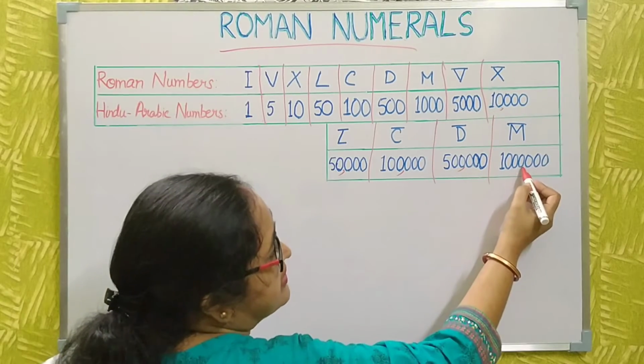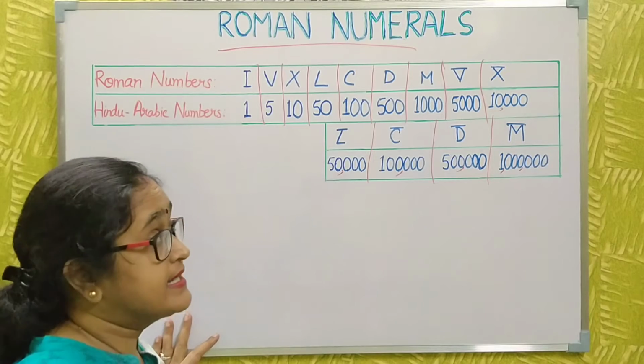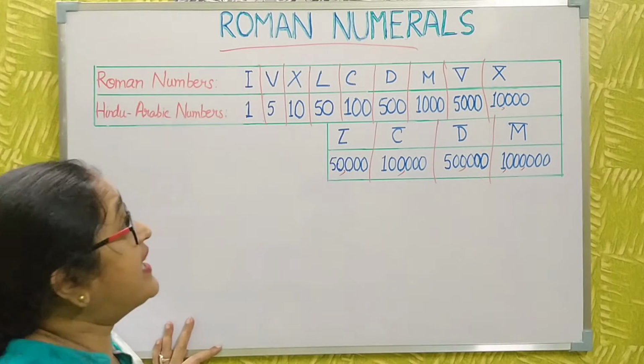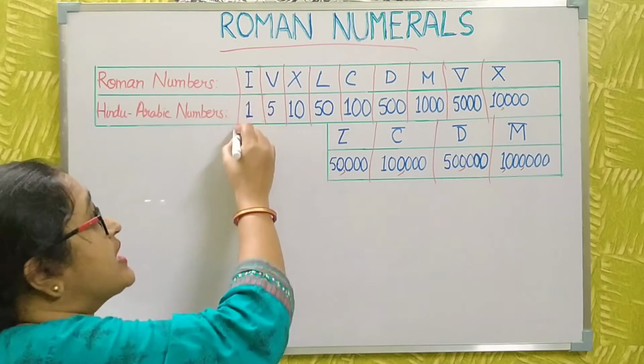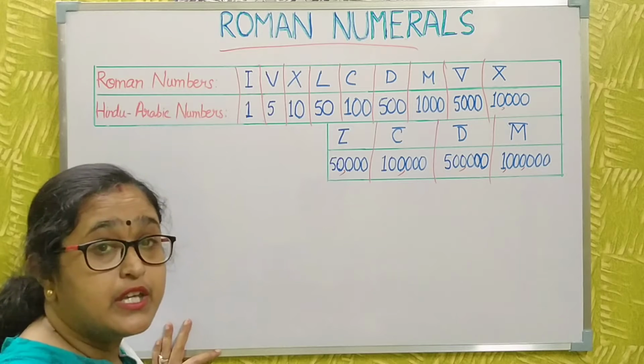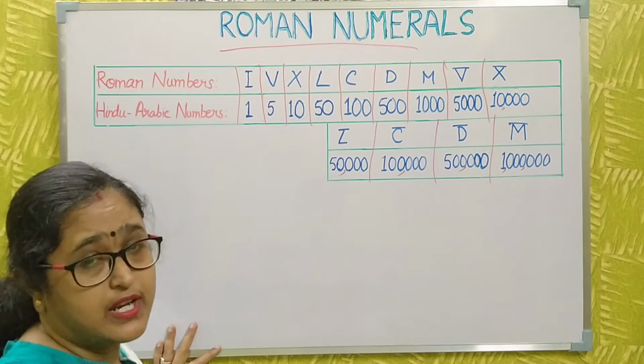And now this is 1 million. This is M bar, which is 1 million. Read very carefully, write in your copy and learn it. This is a very important Roman numeral.